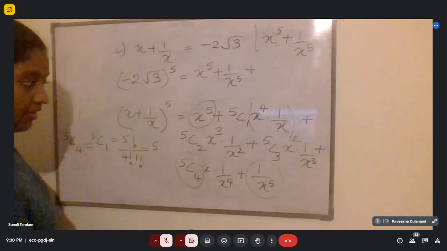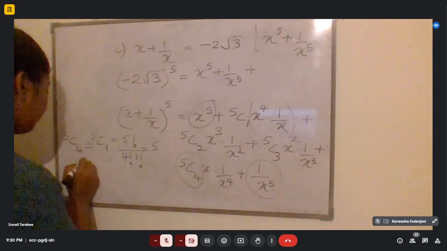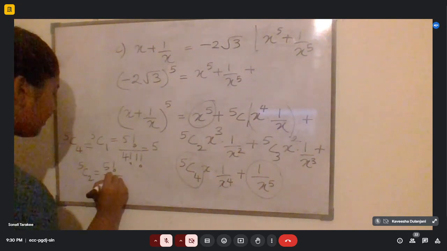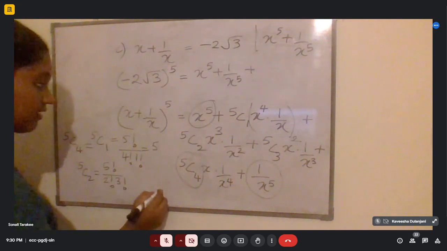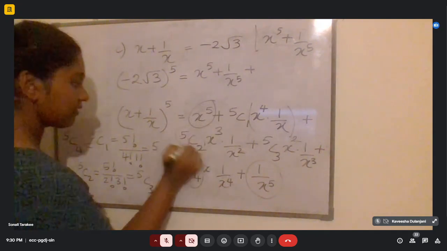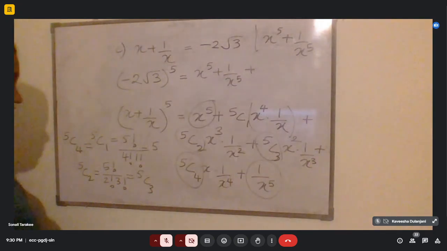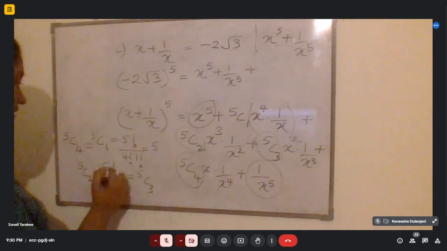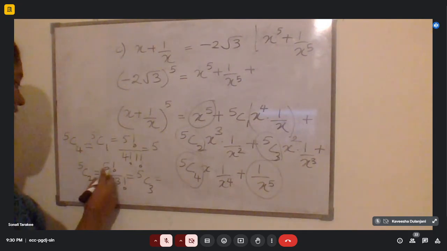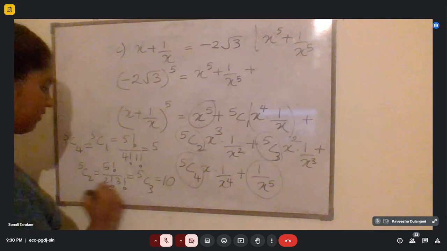Then if you simplify 5C2, that means 5 factorial over 2 factorial, 3 factorial. This is the same as 5C3. That means these two. So once you simplify these, here you get 5 into 4, 20. So 5C2 and 5C3 is 10.